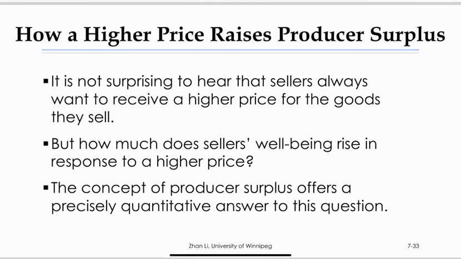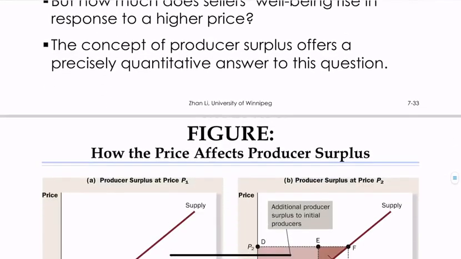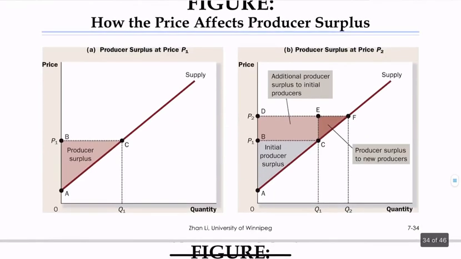The first basic result is you would know that if price is higher, producer surplus should be higher, right? Because as a seller, you should be happier. You should be feeling better if you can sell your products or offer your services at a higher price. But how exactly does producer surplus increase due to a price increase?